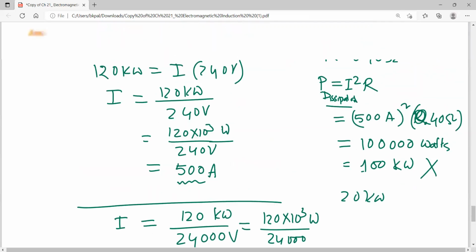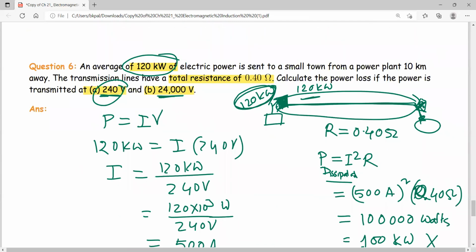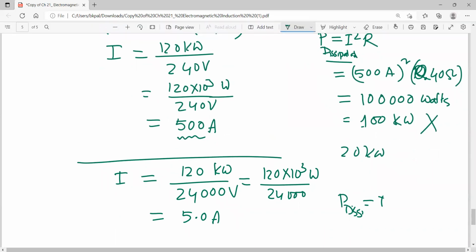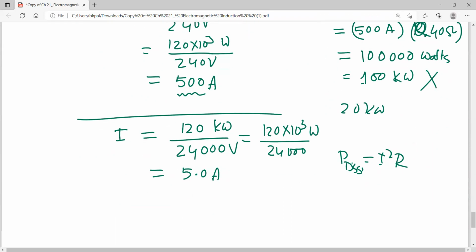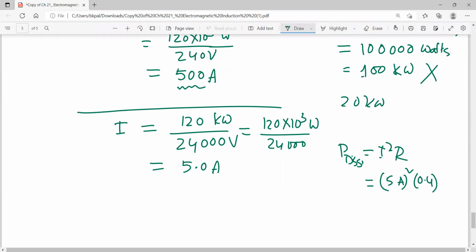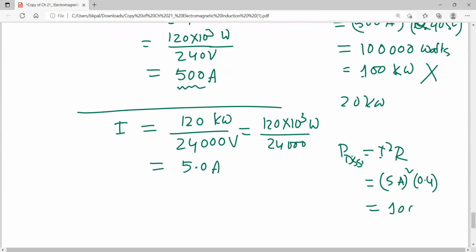So when we send the voltage at 24,000 volt, the current here will be just 5 amp. Then the power dissipated will be I squared R, and you see it's very small. I is 5 amp squared times 0.4, and it's only 10 watts.